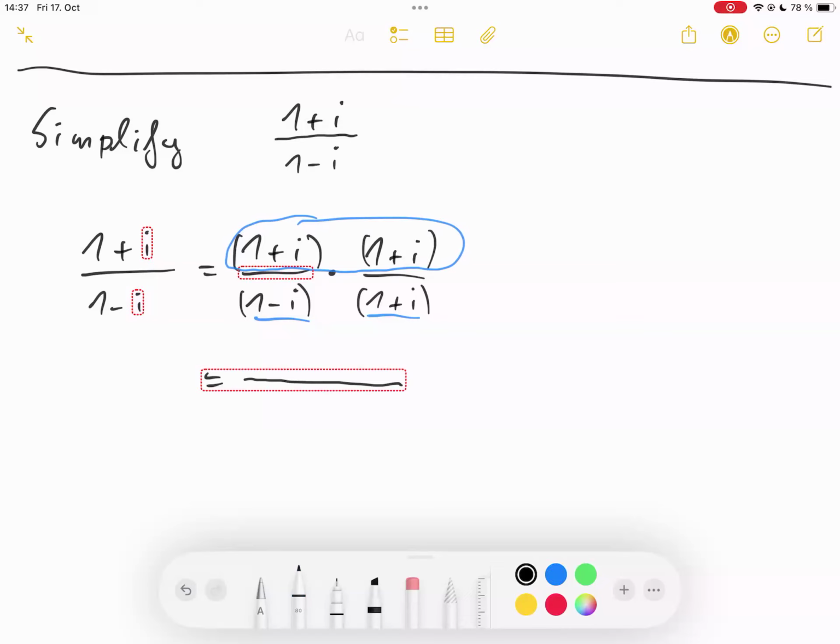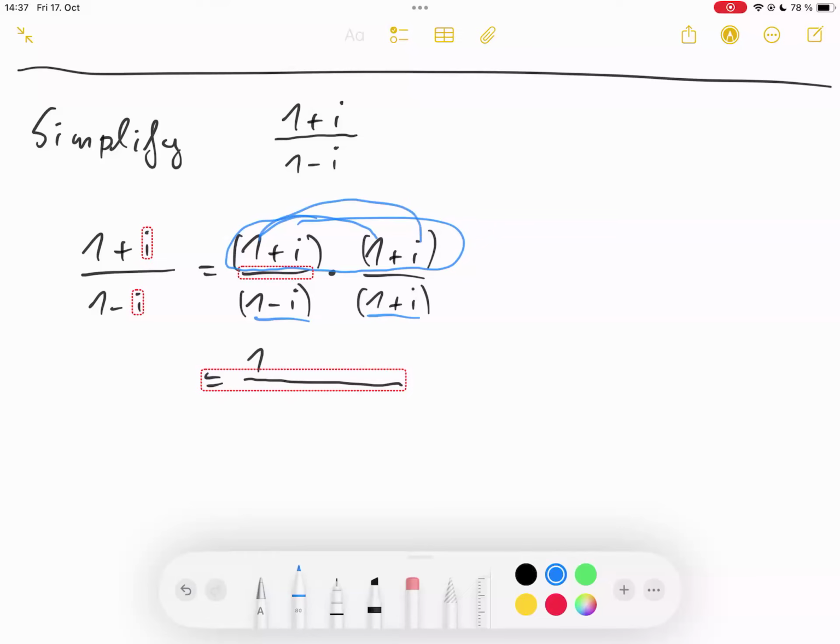I'll wait for you and see when we get the first answer about what the product would be. Someone already got the right solution. We'll do it step by step so we're all on the same page. It's 1 times 1, which is 1.